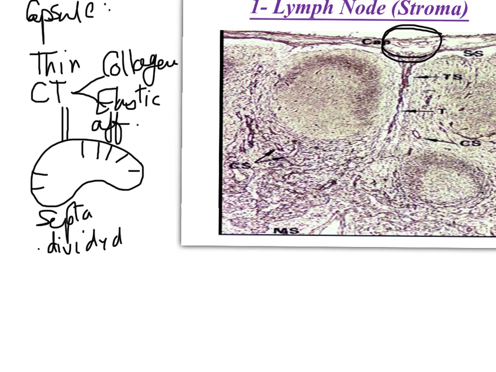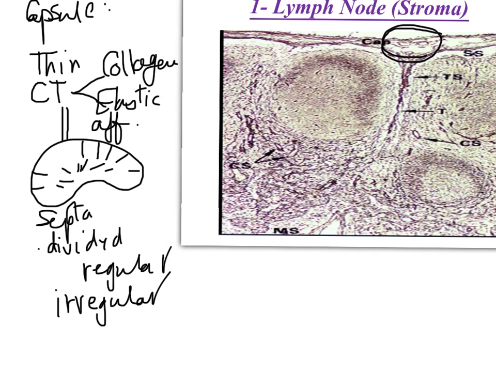cortex into regular compartments. And it also divides the medulla. Also we have septa that appear in the medulla, but in the case of the medulla, these septa divide the medulla into irregular compartments.